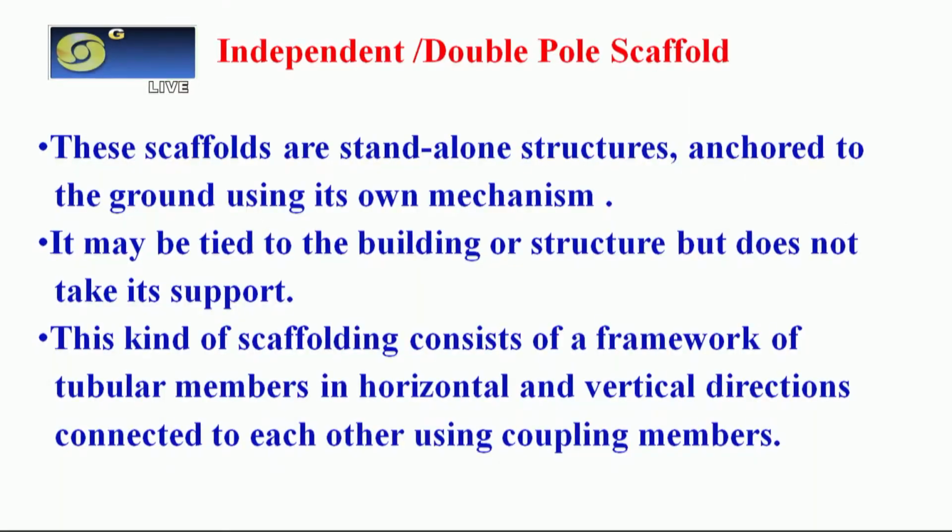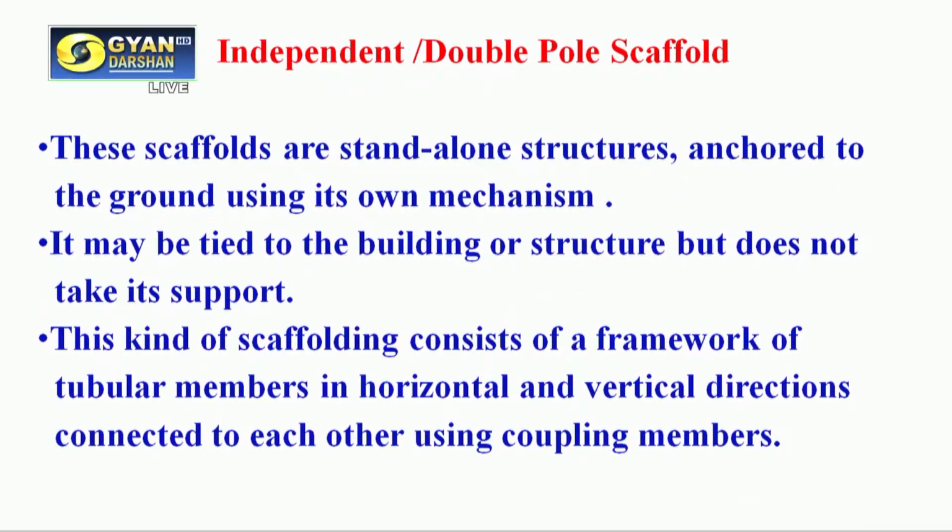So let us see what these different types of scaffold are, how they are made up, what their action is, and how they look. First we take the independent or double pole scaffold. We call it independent because this scaffold is not taking support from any wall or any structure.